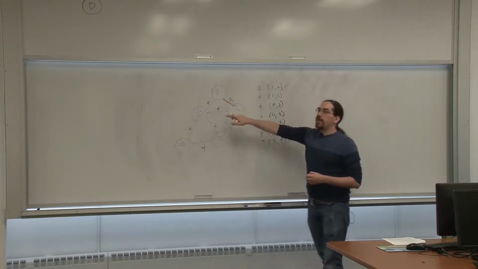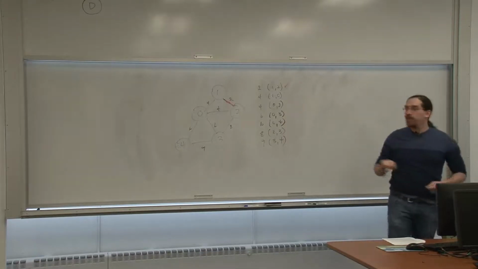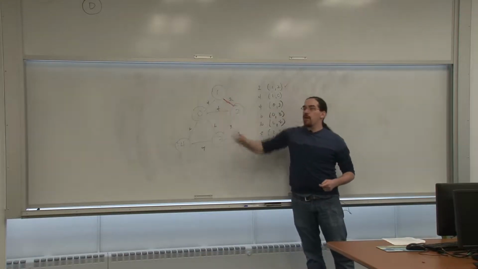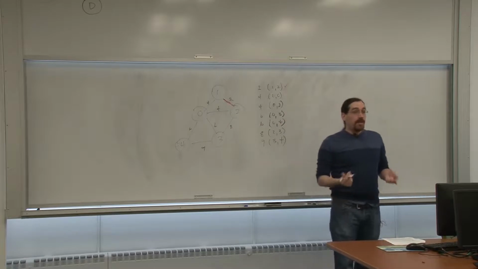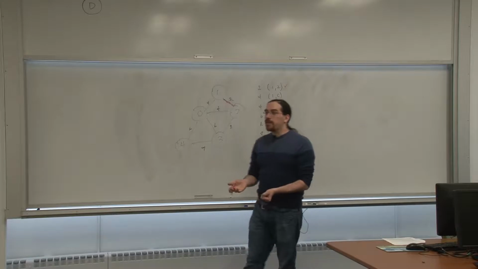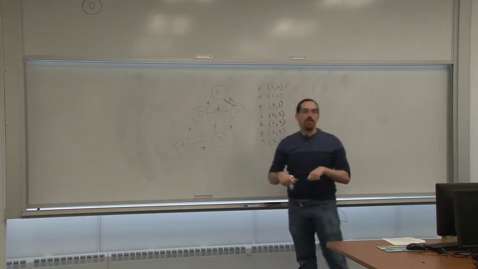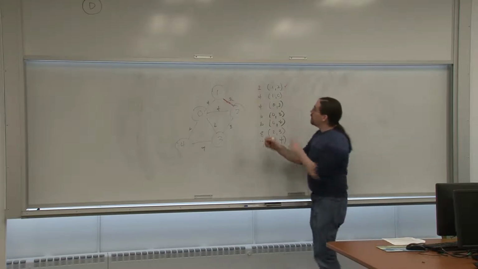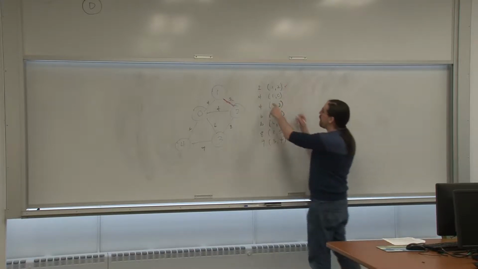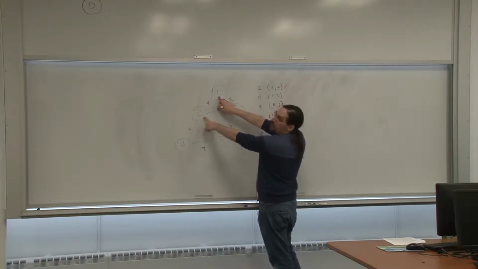Now, we only want to add the next edge if it increases the connectivity of the graph. So if 1 and 0 aren't already connected, then we want to grab the cheapest one that connects them. But if they are connected, it's a waste of time for us to add a new edge because that's not helpful. We've already connected them. We don't need it. So in this case, what we want to say is, OK, for 1 and 0, are 1 and 0 connected by red edges?